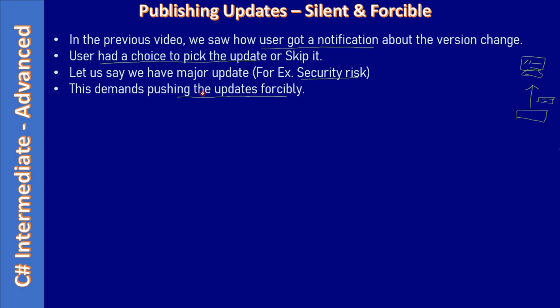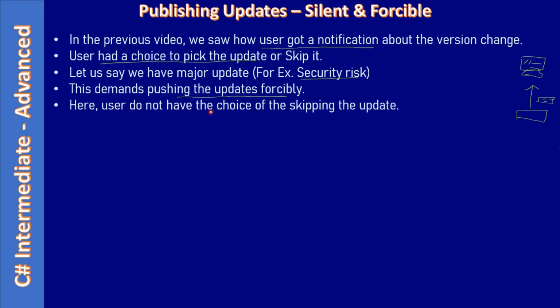That means we don't want to provide any option to the user because it may corrupt their data, or something is wrong with the existing exe on the client boxes, a security risk or some vulnerability. So there are many reasons for pushing the update silent and forcible.